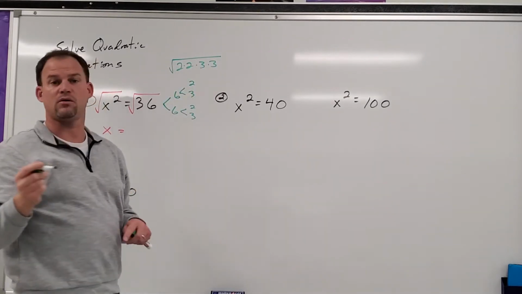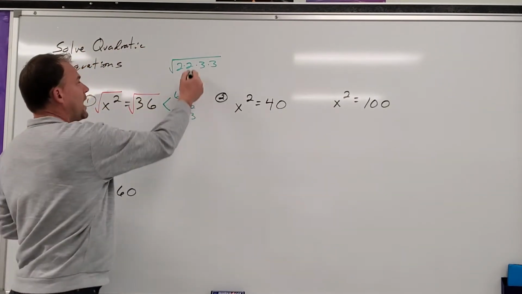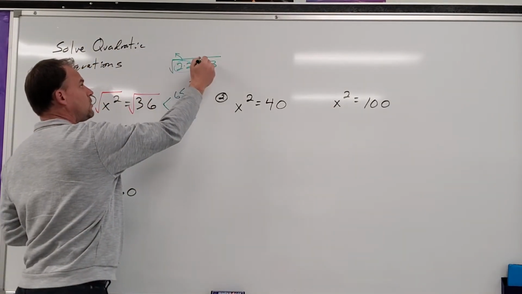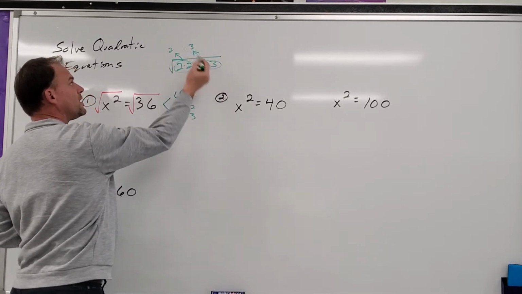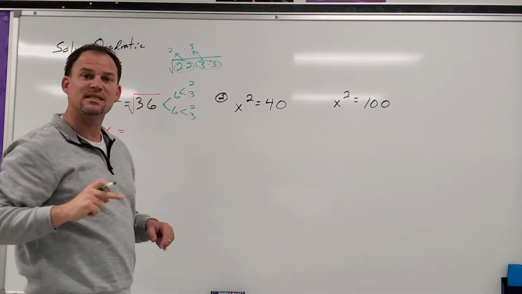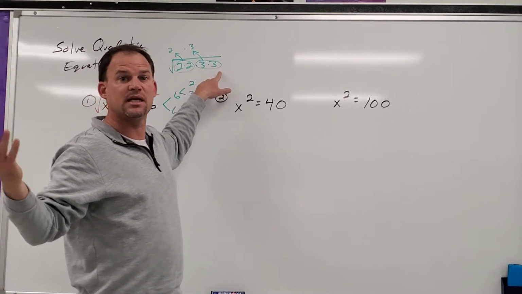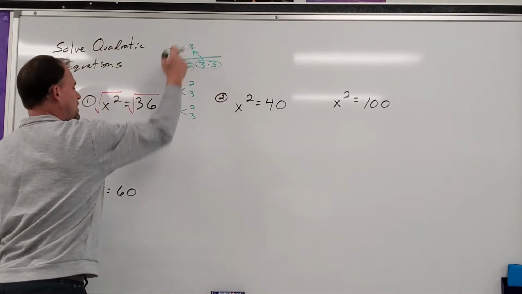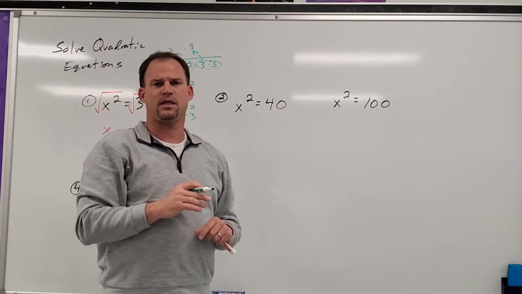That's right, boys and girls, this isn't going away. It's coming back with a vengeance, okay? I got a pair of 2s getting out. I got a pair of 3s getting out. When they get out, they get multiplied. 2 times 3 is 6. Is there anything left inside the radical? No, nothing left inside the radical in this case. So 2 times 3 is 6 on the outside. Nothing left on the inside.